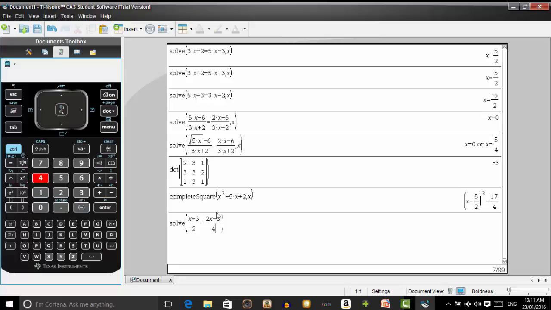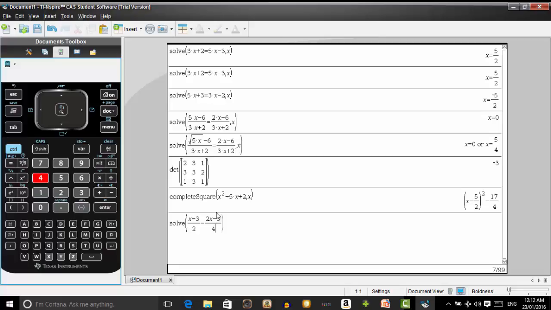Here it doesn't matter, but it could be good practice to always put 2 times x instead of 2x.